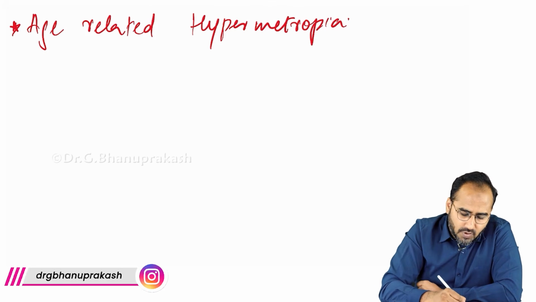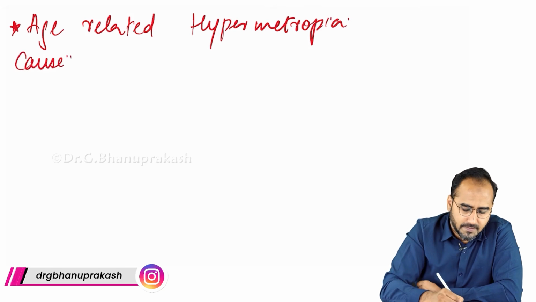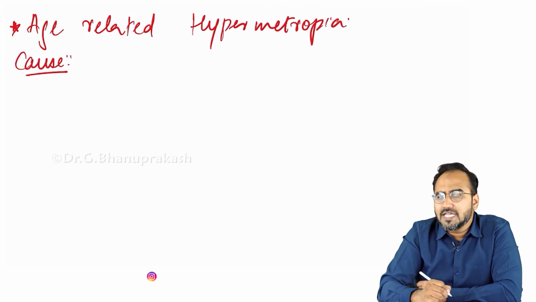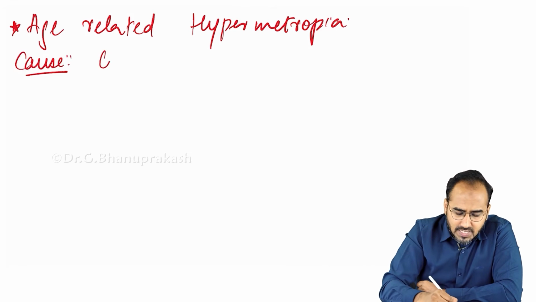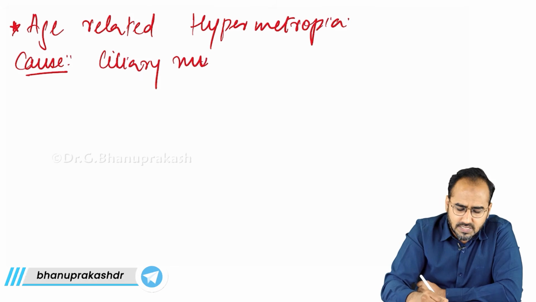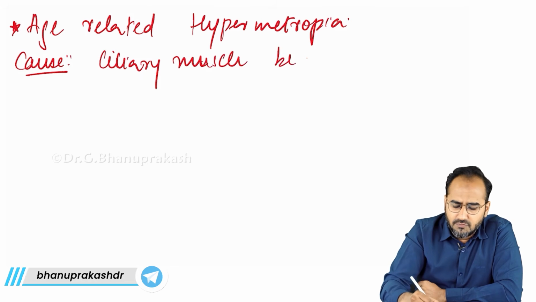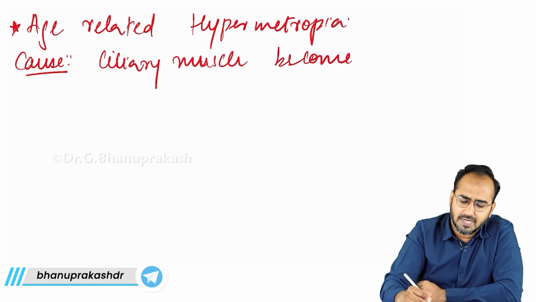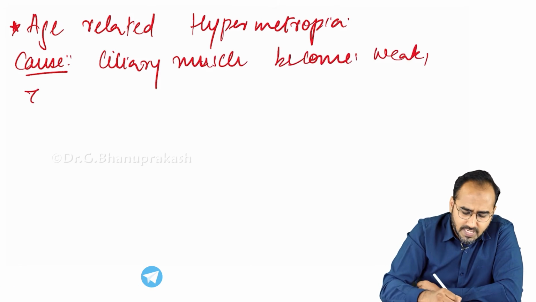What is the cause of presbyopia, guys? As we are aging, what is happening to the ciliary muscles? The ciliary muscles become weak. The zonules become weak.